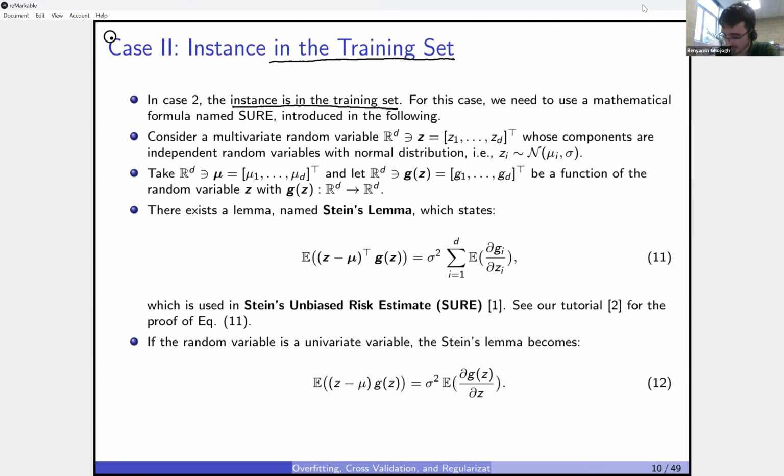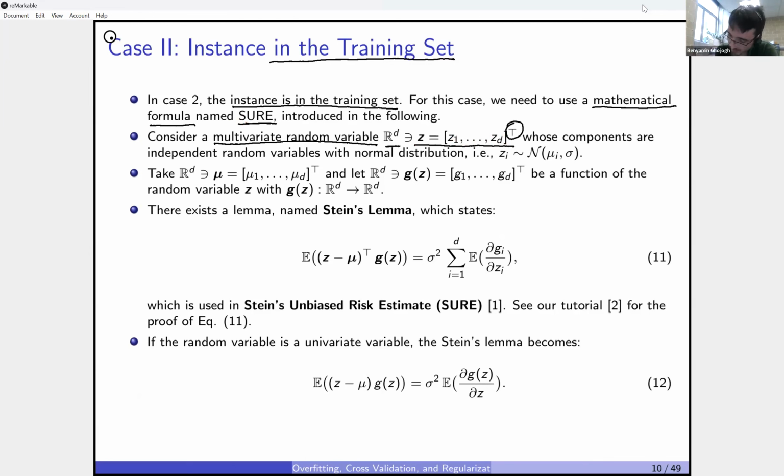Okay, for this case, we need to use a mathematical formula named Stein's lemma, which I introduced in this slide. Okay, consider a multivariate random variable z from z1 to zd. So it's a vector of z1 to zd. This is transpose, meaning that it's a column vector, okay?